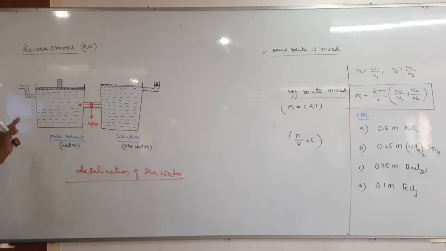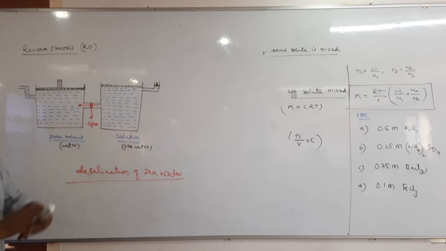So this is reverse osmosis. It is very commonly used in purification of sea water, that is called desalination of sea water. Okay, that is reverse osmosis. Is it clear? Right. Done. Up next, abnormal molar mass of solute.